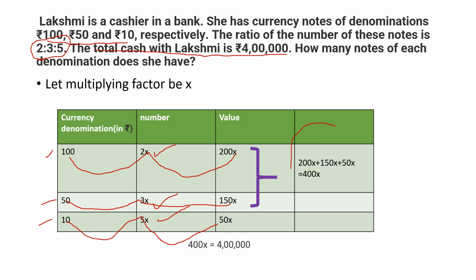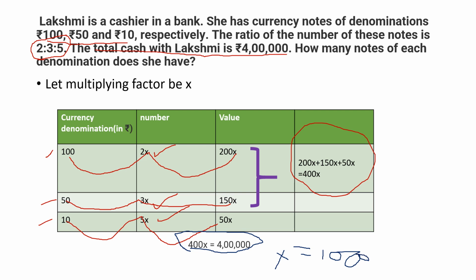So the total of all these three values should give you 4 lakh. So 400x should be equal to 4 lakh. Solving 4 lakh upon 400, x is 1000 rupees.